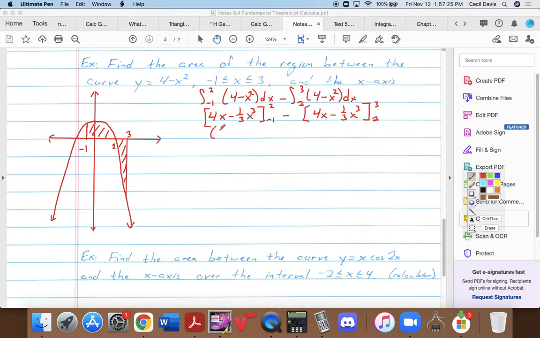So let's see, this is going to be 8 minus 8/3 minus negative 4 plus 1/3.